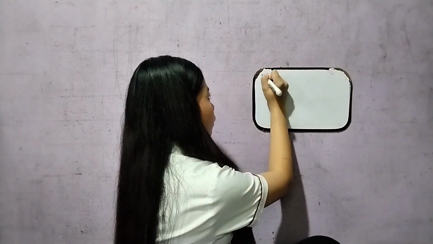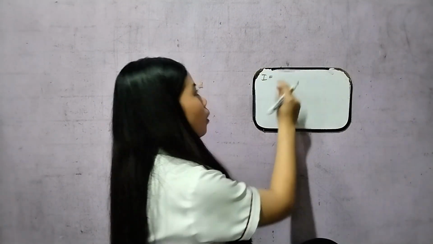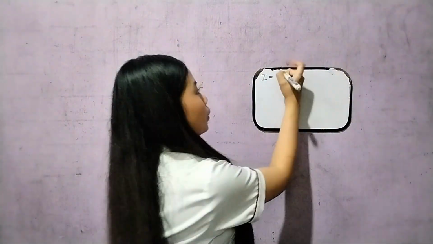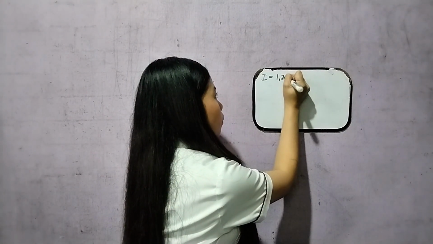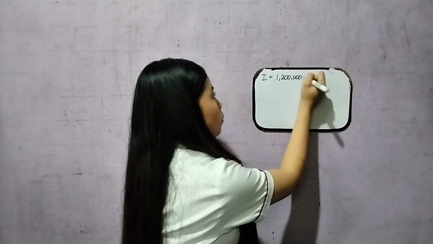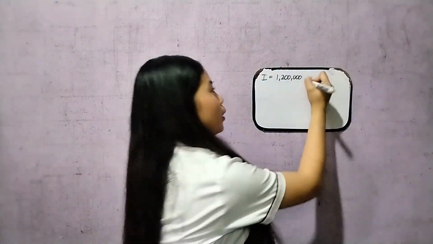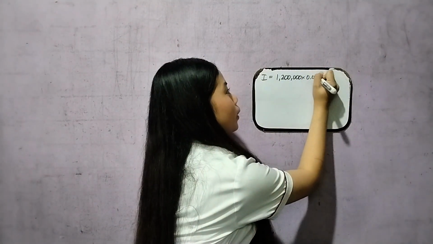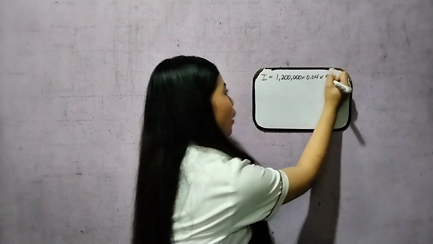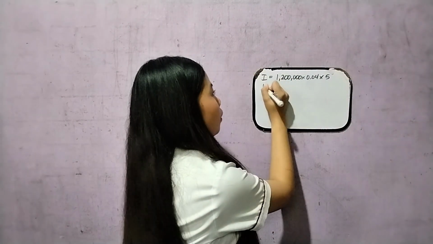And now, we're going to solve the problem. Amount of interest is equal to 1,200,000 multiplied by 0.04 multiplied by 5.